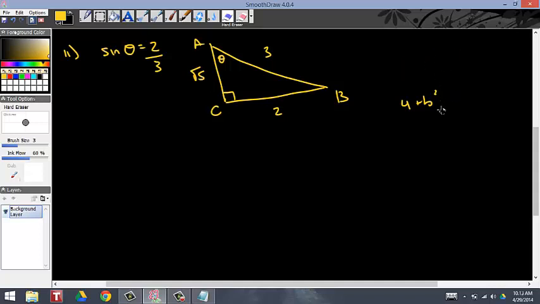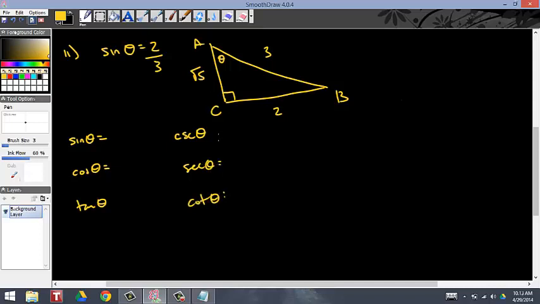And now we're supposed to solve for everything else. It says find all remaining trig functions of theta. So we have sine theta, which we already found, cosine theta, which we need to find, tan theta, and then cosecant, secant, and cotangent. So what we have here is 2/3, that was given to us.